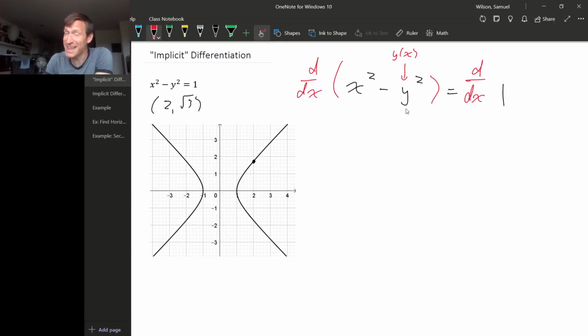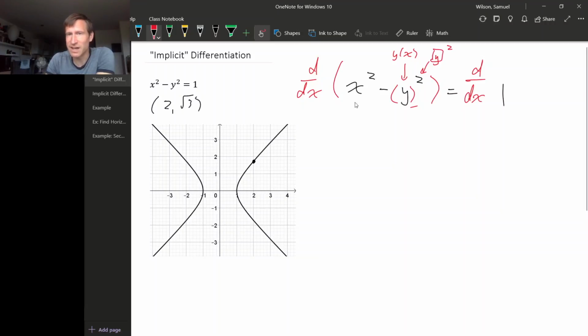Even if it's not written that way, implicitly, it is a function of x. And so this y is inside of a squaring. We have a square function, and inside of that is another function of x. So this is a composition, and we're going to have to be really careful about using the chain rule.